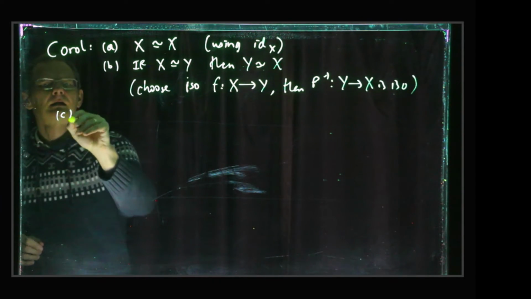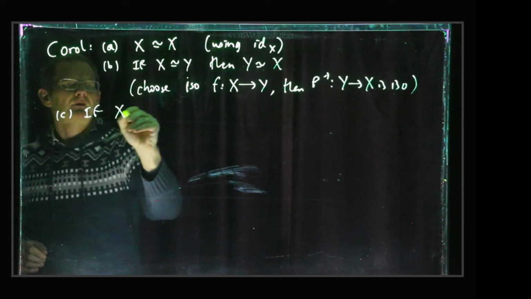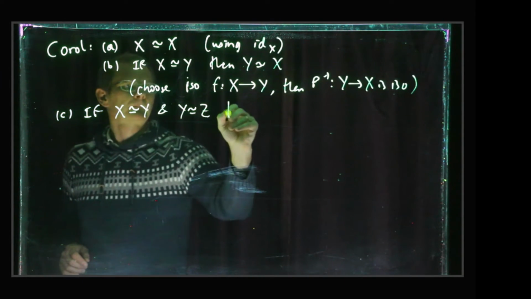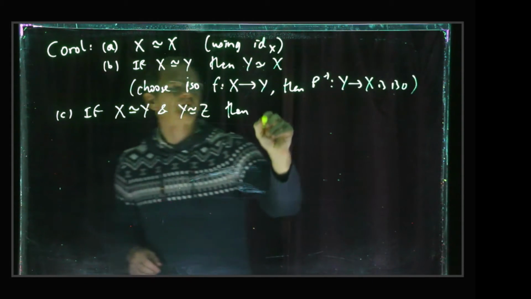And for transitivity, if X is isomorphic to Y and Y is isomorphic to Z, then X is isomorphic to Z.